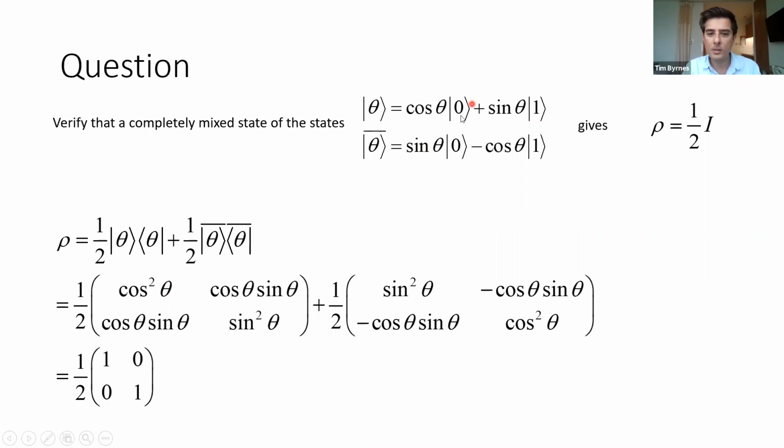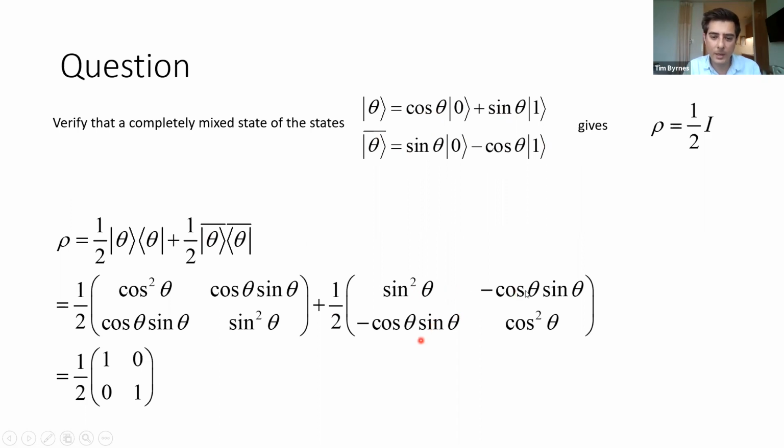And over here, this is the orthogonal state. You can verify that if you take the inner product between theta and theta bar, it will be equal to 0, because you get cosine theta, sine theta, and over here minus sine theta, cosine theta. So these are orthogonal.